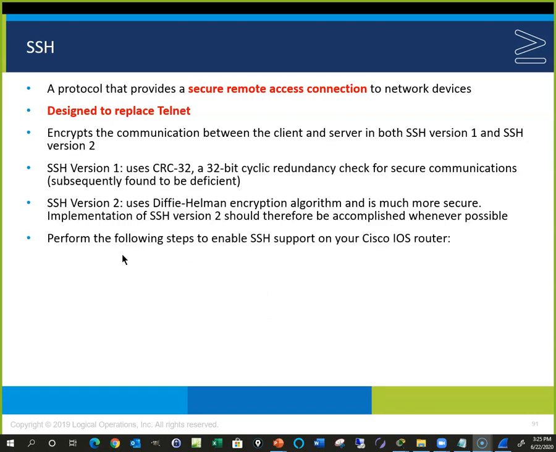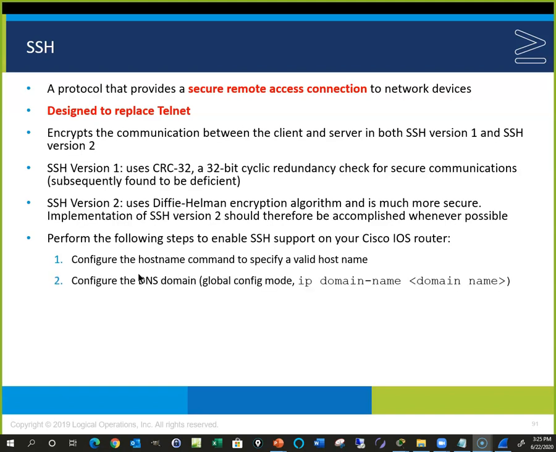Following steps to enable SSH, configure the host name. We have to have a host name and a DNS domain name configured. The DNS domain name doesn't have to be real. It just has to be there because it uses these two elements as part of the creation of the key that we're going to use for the encryption.